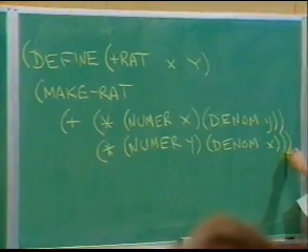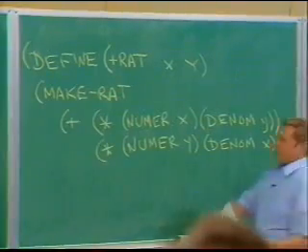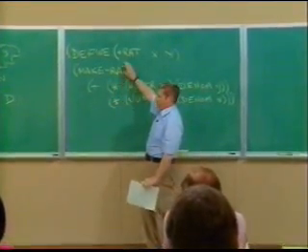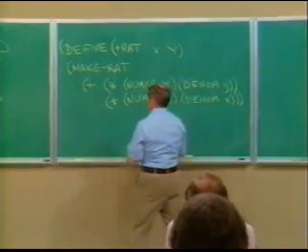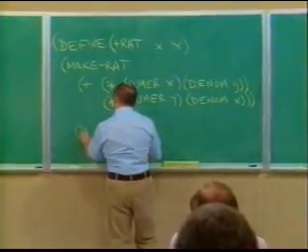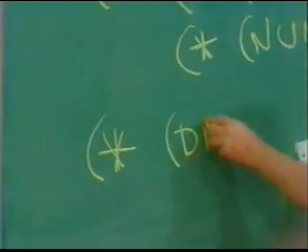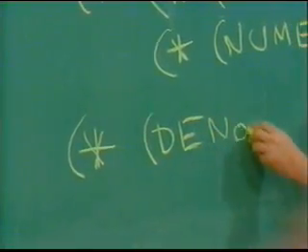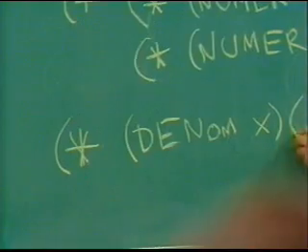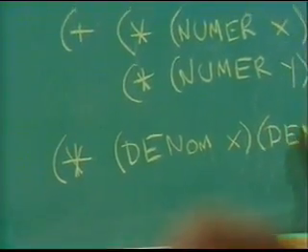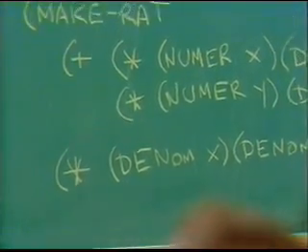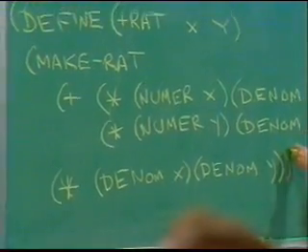It's the star, close the plus. That's the first argument to makeRat, which is the numerator of the thing I'm constructing. And then the rest of the thing that goes into makeRat is the denominator of the answer, which is the product of the denominator of x and the denominator of y. makeRat.